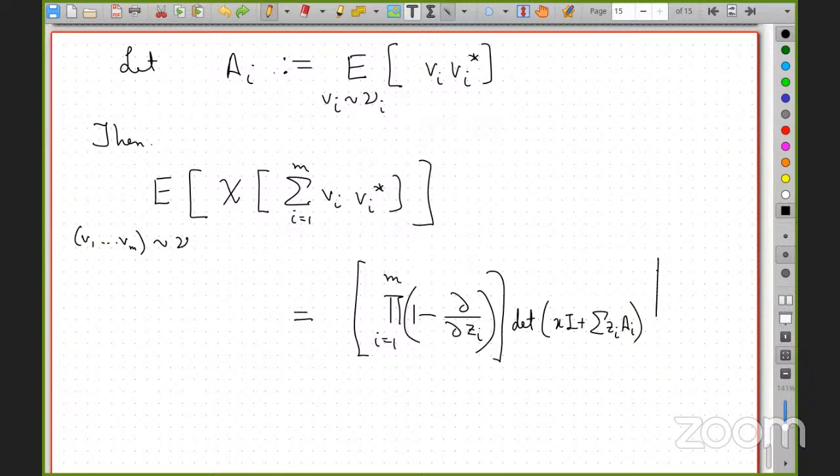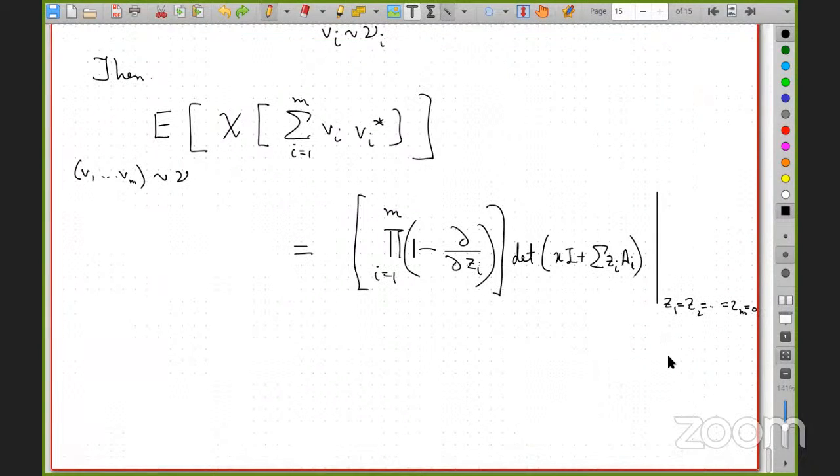And then after all this, all these z_i's are set to 0. Why is this good?